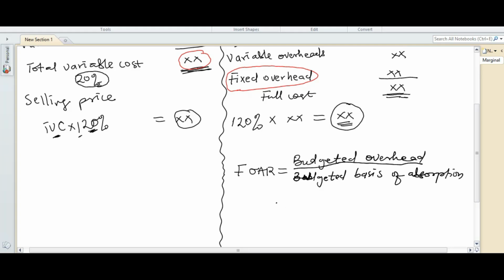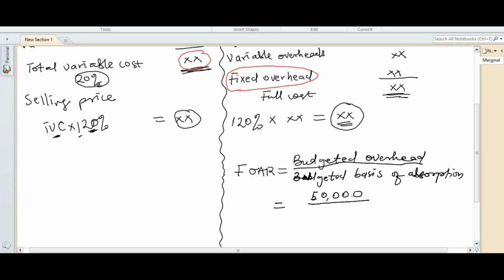As I said earlier, the question will tell you what to do. For example, if we have a fixed overhead of 50,000, how should we apportion these overheads to the various units that we are producing?